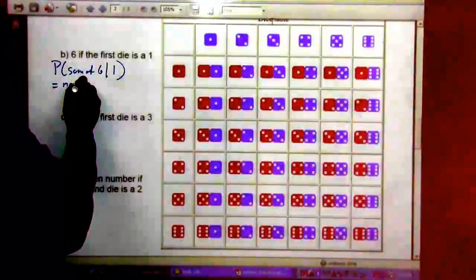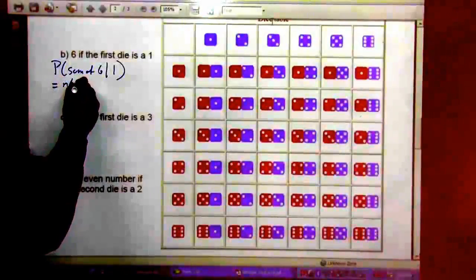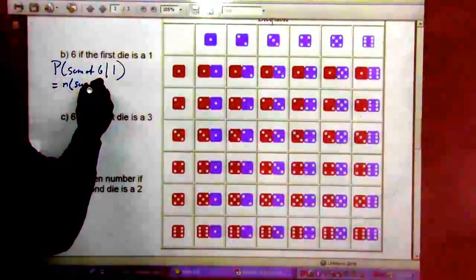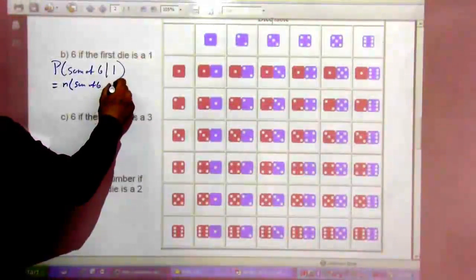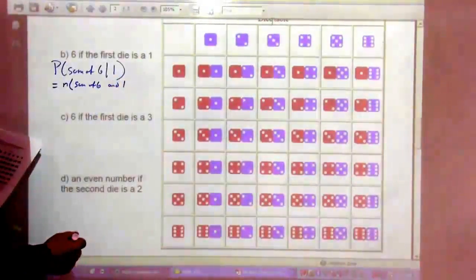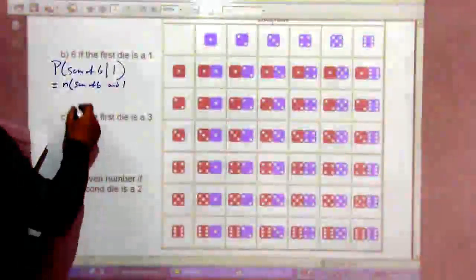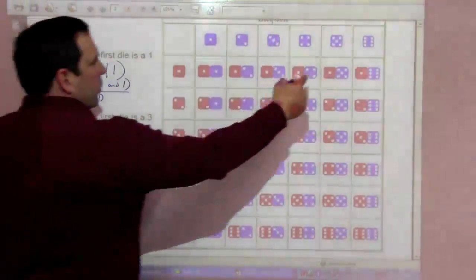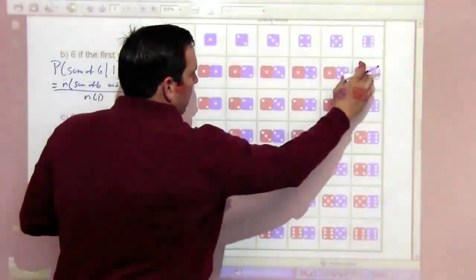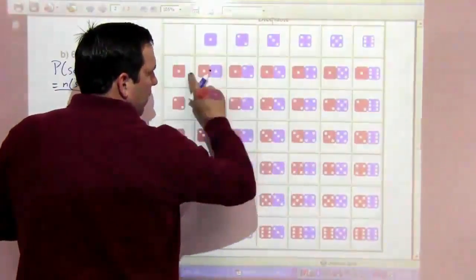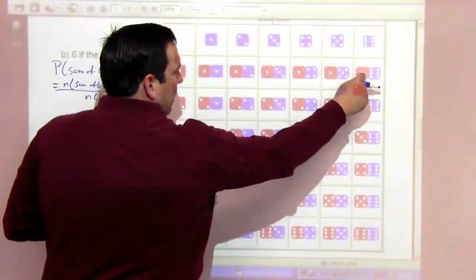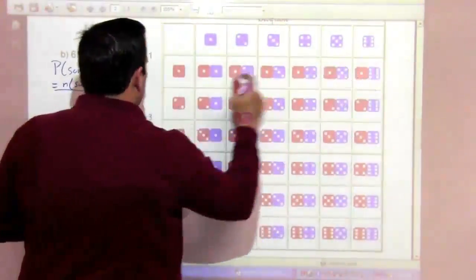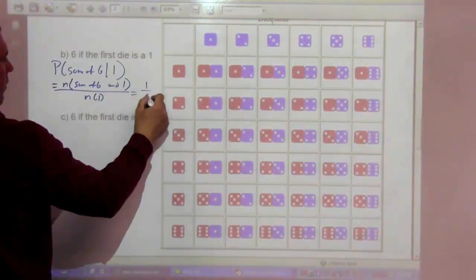It equals the number of the ones that have a sum of 6 and the first number being 1 over the number of things that it's first number being 1. There's one case in this whole row that you get a 6. These are all cases where the first number is a 1. And there are 6 cases altogether. So this is 1 over 6.